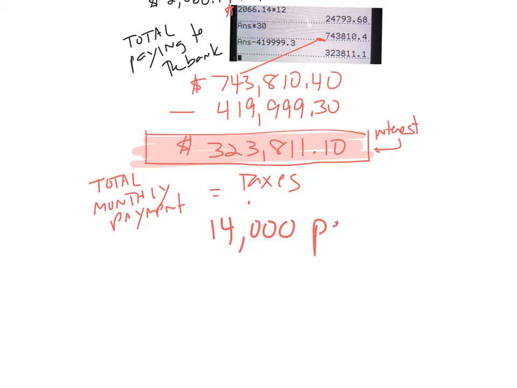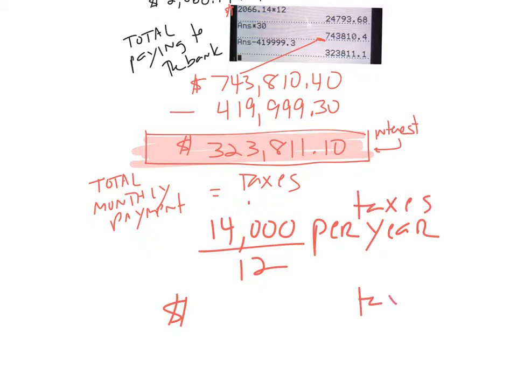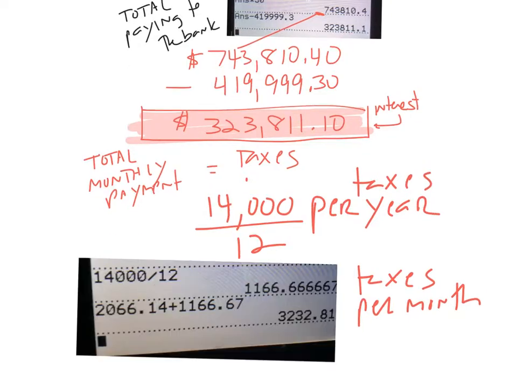And we're going to divide that by 12, because you break it up into your monthly mortgage payments. So your taxes per month are going to turn out to be that quotient. So here your taxes per month for this house are going to be $1,166.67. So that's how much your taxes are every month.